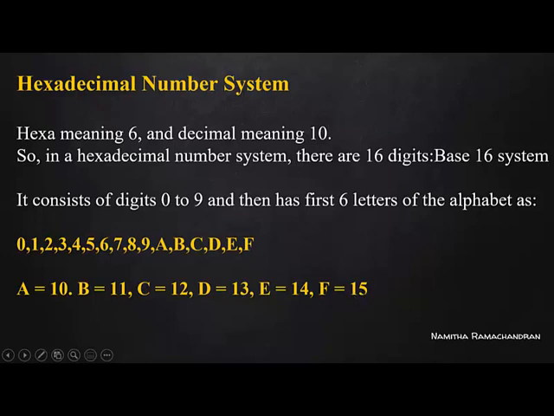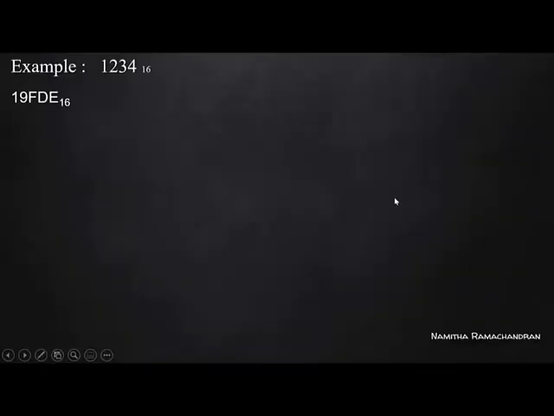Okay, so keep this in your mind. The alphabet A in our hexadecimal number system is equivalent to decimal 10, B equivalent to 11 and so on.